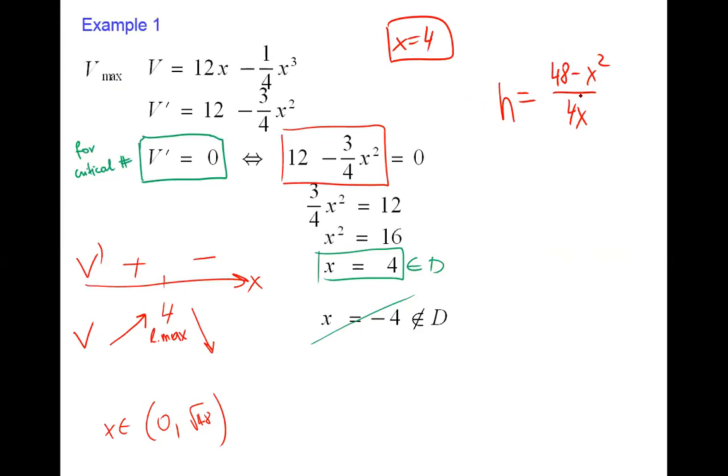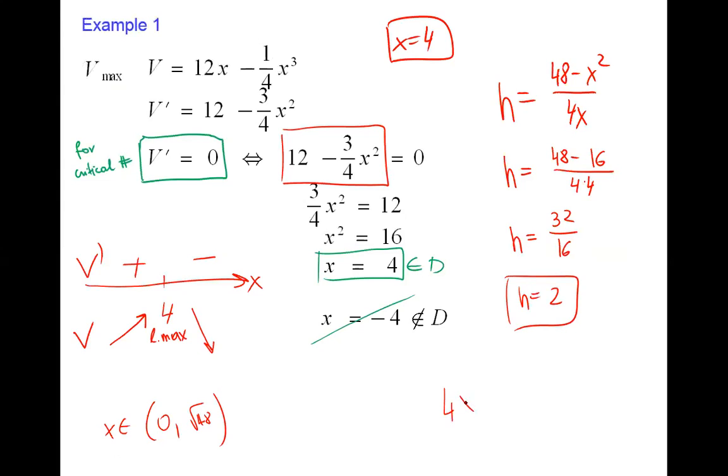And we have to find h if x is 4. 4 squared is 16. 4 times 4, 2. Yeah, I think it's 2, but let me check: 32 over 16, yes, it is 2. So we have 4 by 4 by 2.